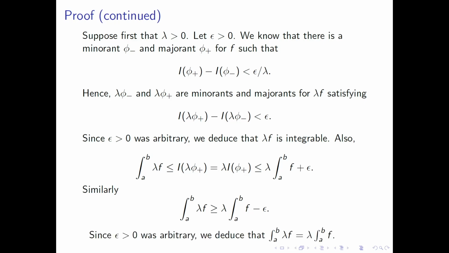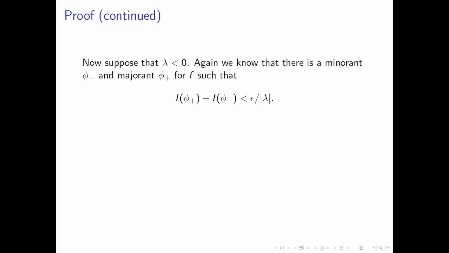When lambda is strictly negative, the argument is similar. Again, someone gives us an epsilon, and we can find a minorant and majorant for f that differ by as small a quantity as we want. Let's say they differ by epsilon over the modulus of lambda.